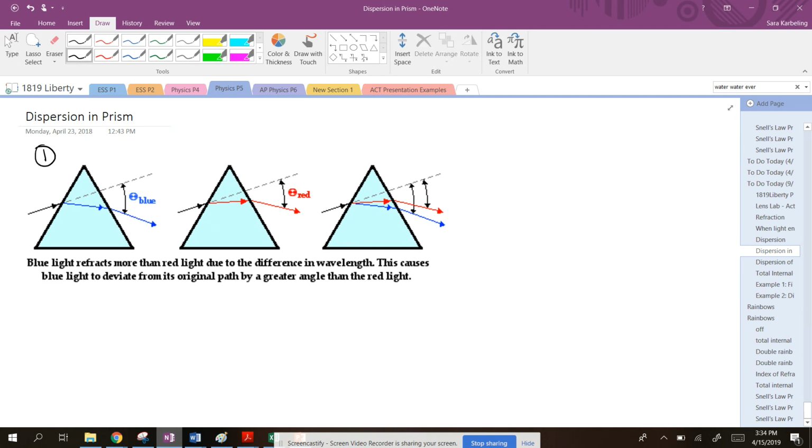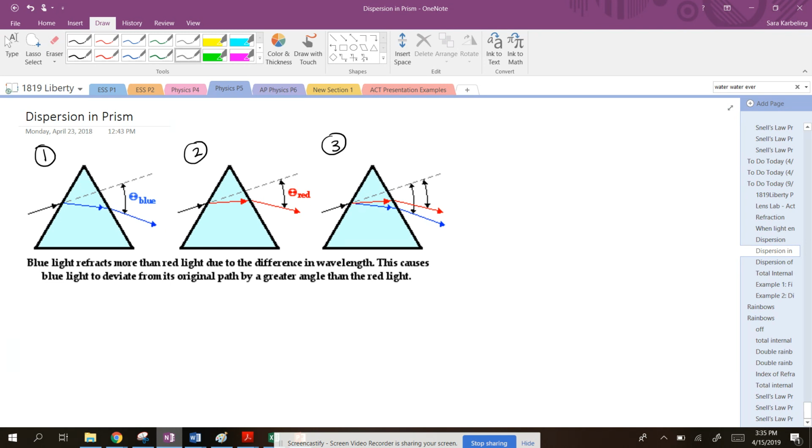The red light does the same thing, but you'll notice just from looking at those angles that the red light bends less than the blue light did when it entered the glass, and it bends again less when it enters back into the air. If you just look at the two pictures, 1 and 2, you can't really see a big difference, but when you look at that third image, you can see that the light bends a very different amount for the red versus the blue.